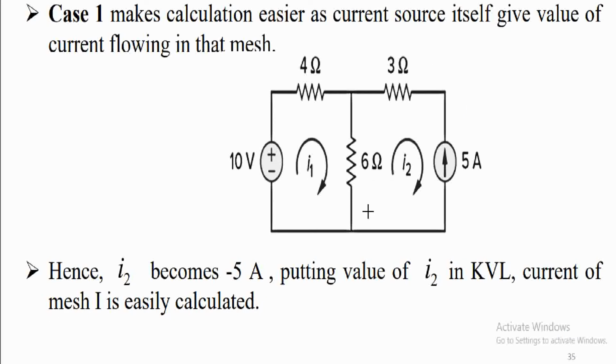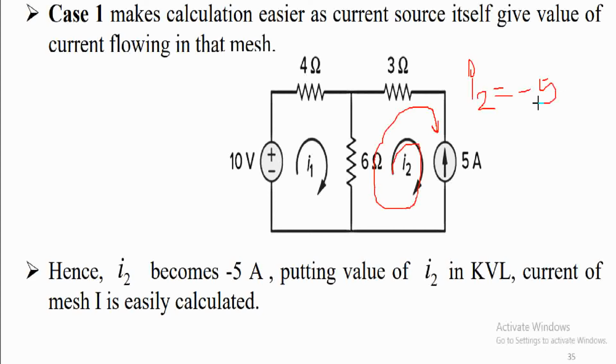Why does the current I2 become -5? This I2 is nothing but the current flowing in this second mesh. This I2 is nothing but this 5 amps, but it depends upon the direction. This small I2 and the 5 amps are in opposite directions. So a current source gives the current value directly, and we already got minus 5 amps.